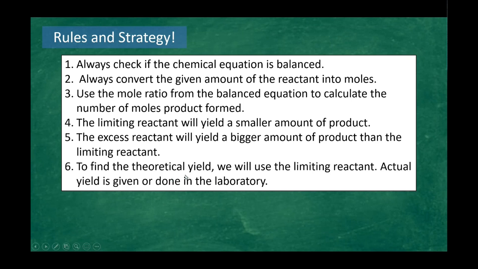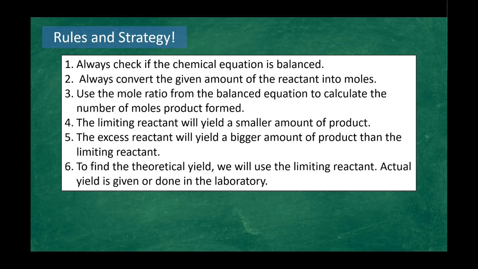The theoretical yield is the same as our limiting reactant, and the actual yield is given or done in the laboratory. So if you will pursue biology or chemistry, you will have a lot of experimentation about this, and you will do the actual yield and experiment with this type of chemical equation.